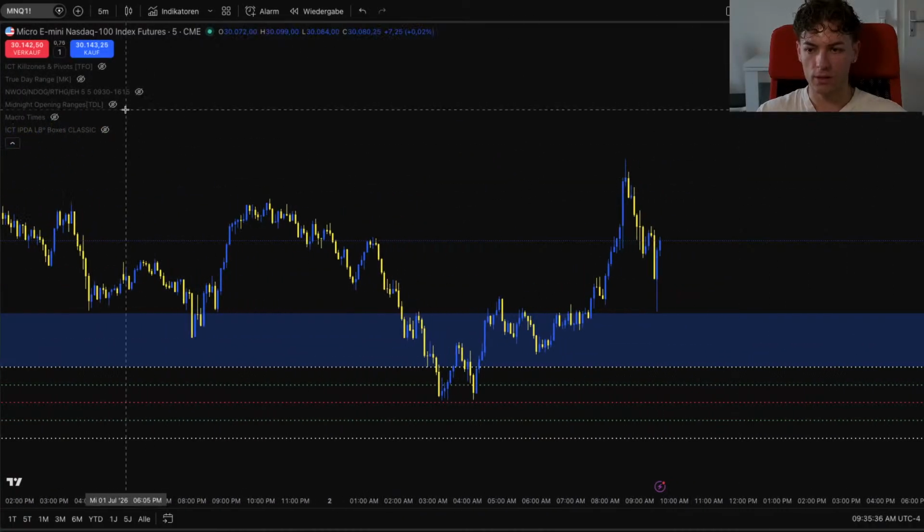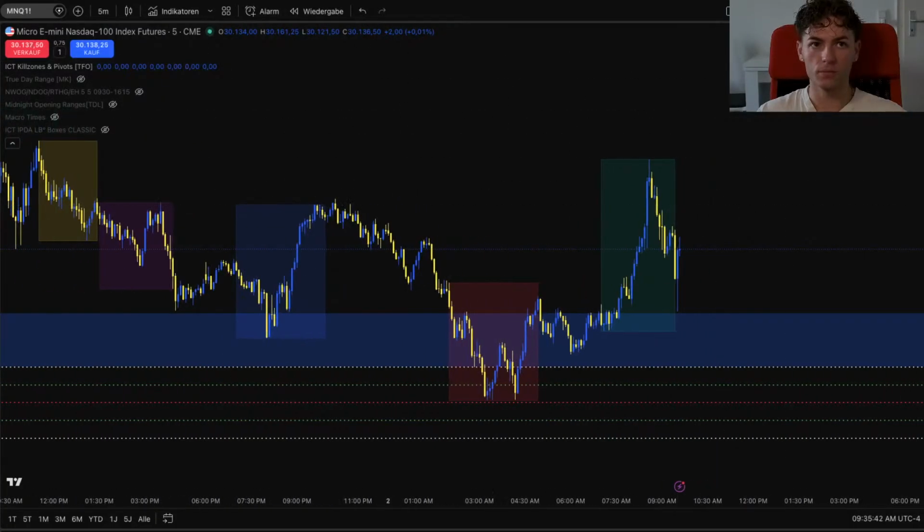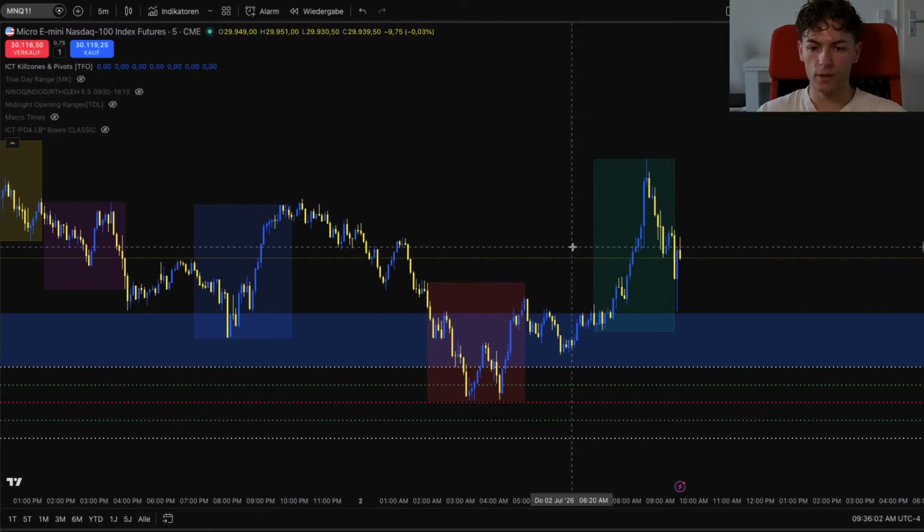On the 5-minute chart, let's turn off the ICT kill zones real quick. There you go. What we have here right now is, like I said, the London low so far.